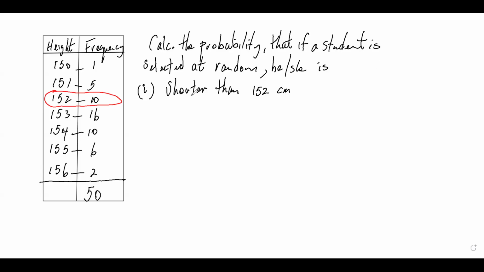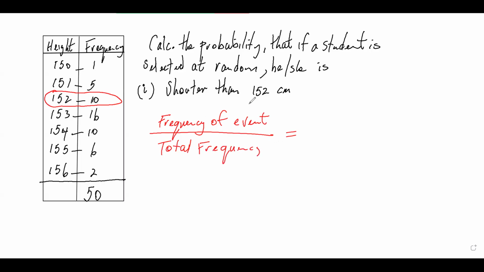All right, so probability is the frequency of the event over the total frequency. So the frequency of shorter than 152. Shorter than 152 will be 151 and 150, which is the 5 and Antonio the 1.